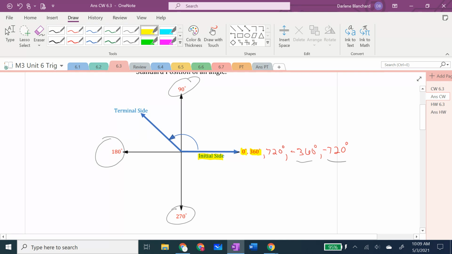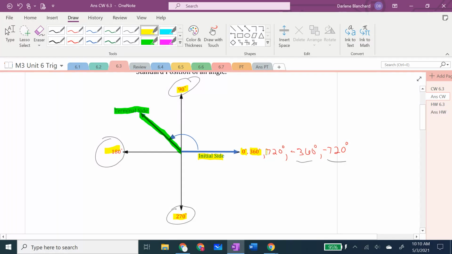Then the ray that ends the rotation is called the terminal side. And it's good to be familiar with certain angle measurements. 90 degrees, 180, 270 is 3/4 of the way around, 360.